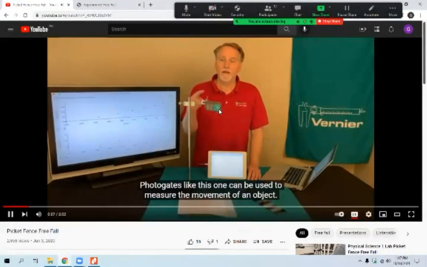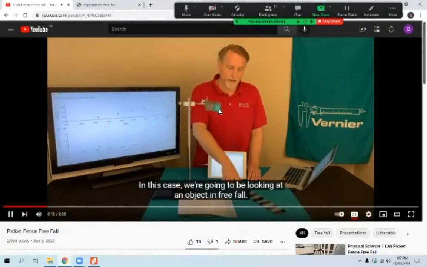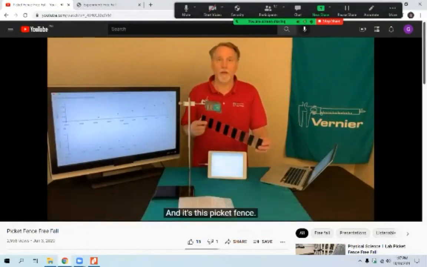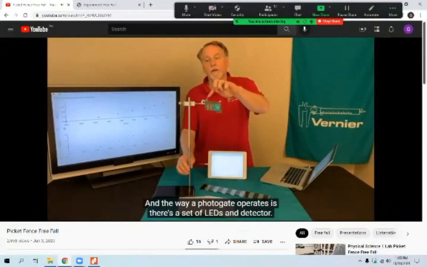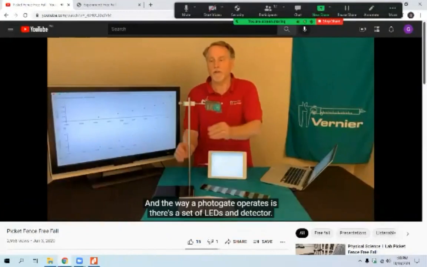Photo gates, like this one, can be used to measure the movement of an object. In this case, we're going to be looking at an object in free fall, and it's this picket fence. And the way a photo gate operates is there's a set of LEDs and detector.